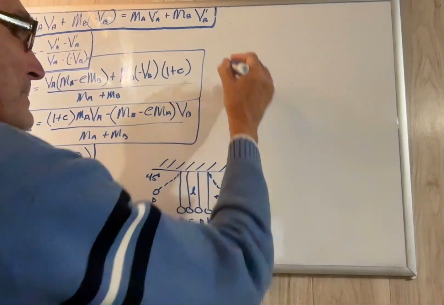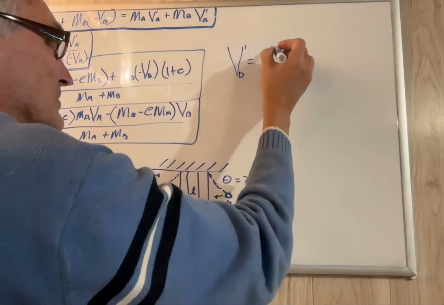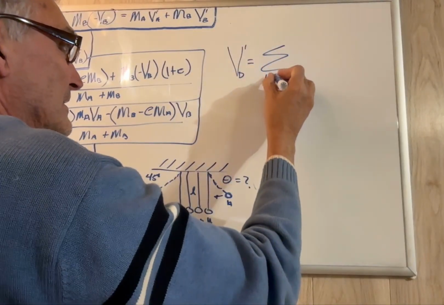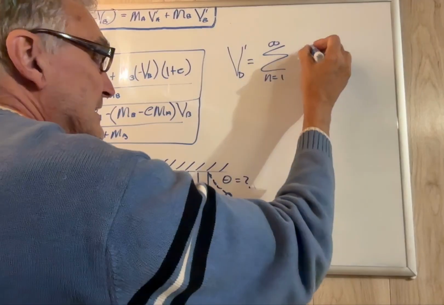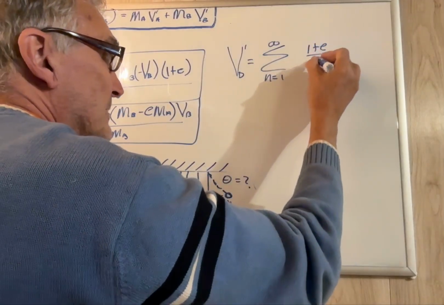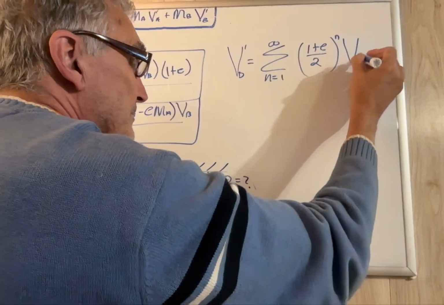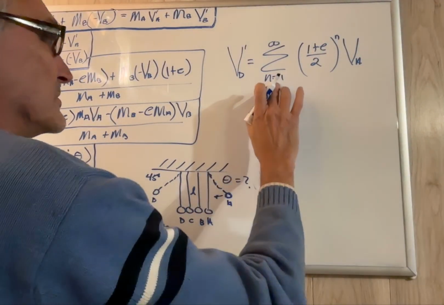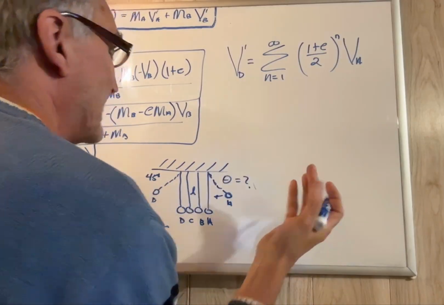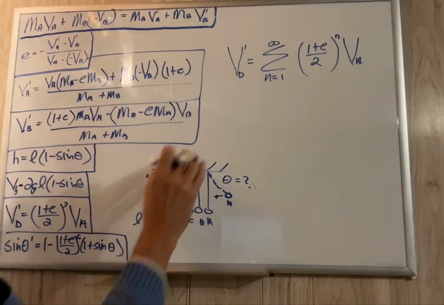So velocity prime D is going to be equal to your summation of n equals 1 to infinity of (1 plus E divided by 2) raised to the n times your VA. And that will give you how many impacts. It will give you the velocity of, say, 10 impacts. If you put 10 in your n, at that 10th impact, that should give you the velocity at D.